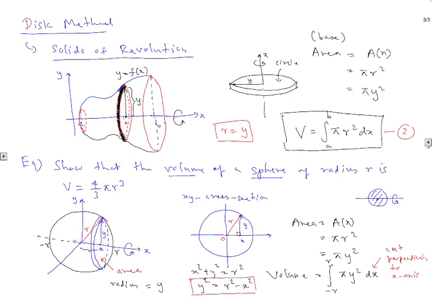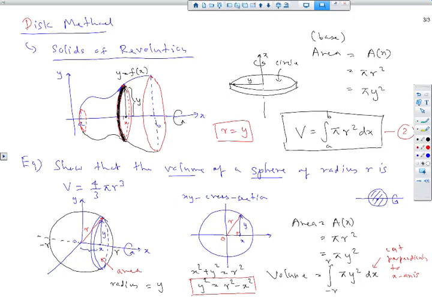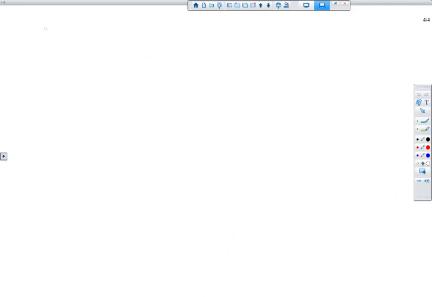Okay, good. So let's finish the problem now. The volume is the integral from negative r to r of pi y squared dx, and you know that this is not allowed because you have to bring everything into one variable. For that, we can use the condition y squared equals r squared minus x squared that we just derived.